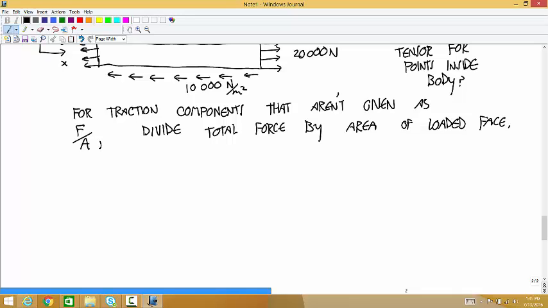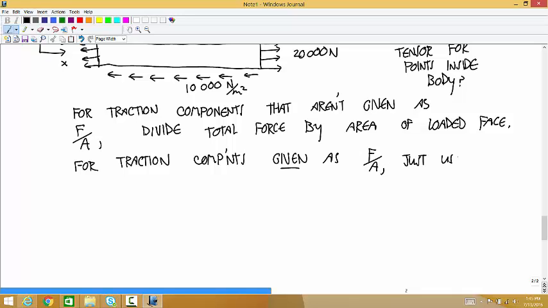When you are given values in terms of a force per area, then you just use that value.